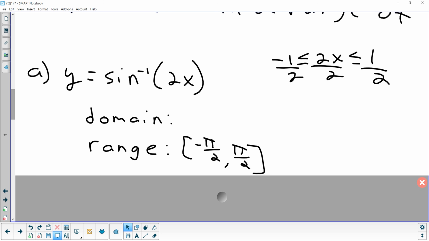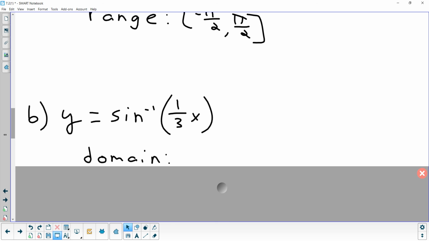Divide by 2 everywhere. That cancels the 2 in the middle. And what's my new domain now? Let's write it as an interval. -1/2 to 1/2, and it is a bracket because the equal to means including. And that's it. That's your new domain, and your range stayed the same.